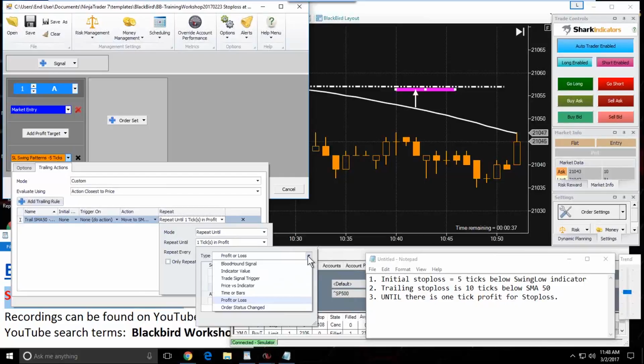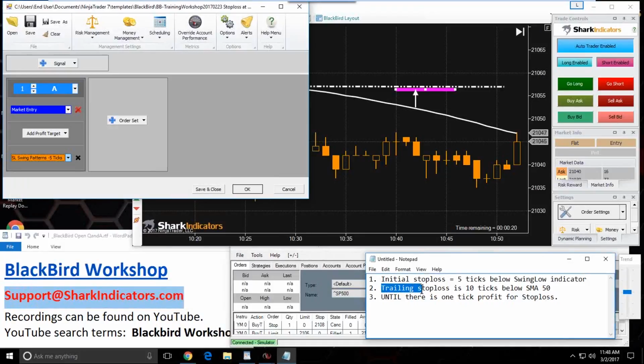So to do the stop loss profit, I'm going to have to mimic the trailing rule again. If we look at the trailing rule, our trailing stop loss is following 10 ticks below or 10 ticks above the SMA 50, depending on whether we're long or short.